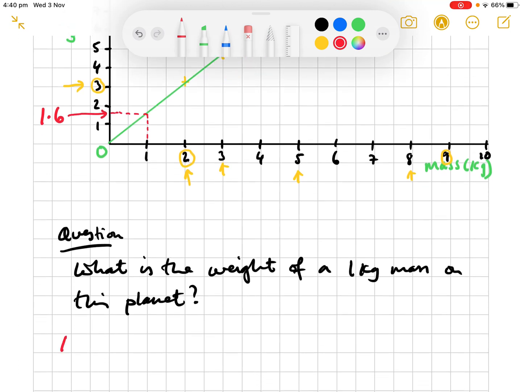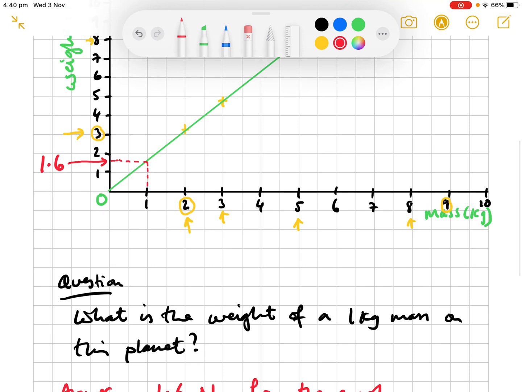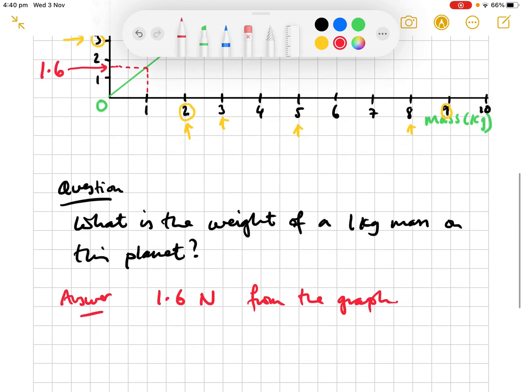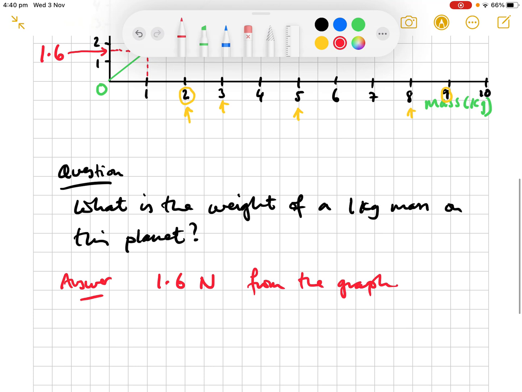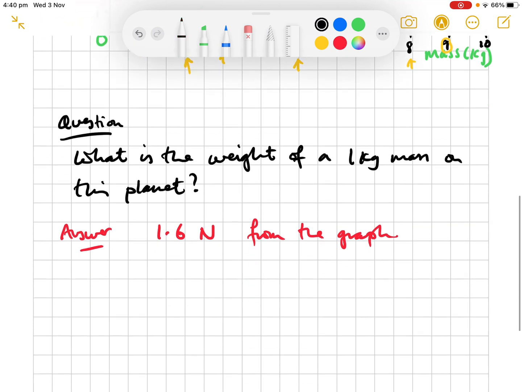So I reckon then the answer is 1.6 newtons from the graph. Now it's very important that you draw the dotted lines on the graph to let the marker see how you got your answer, and always write your answer in the appropriate place.